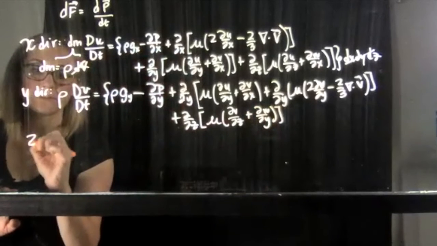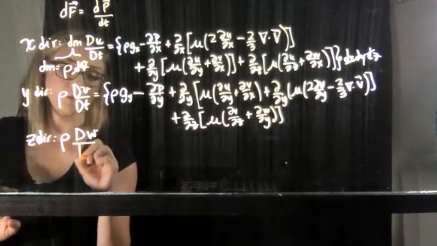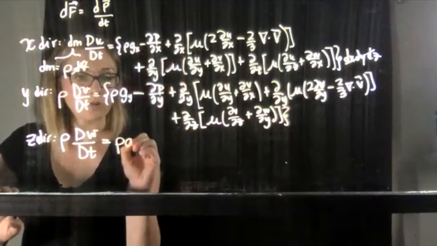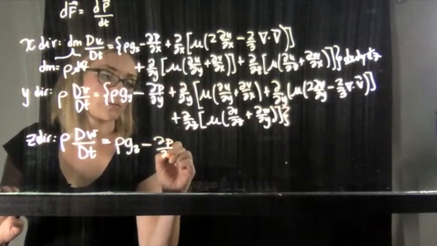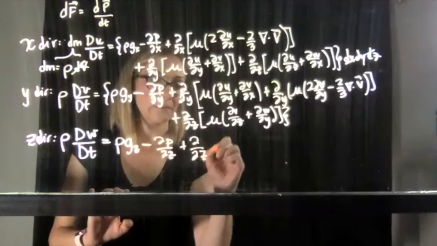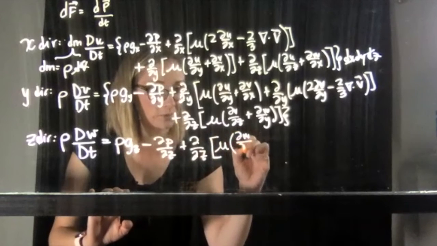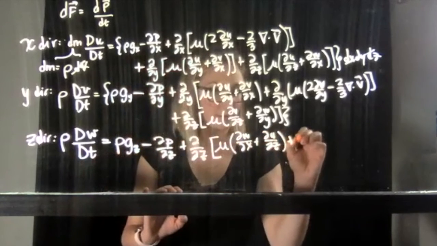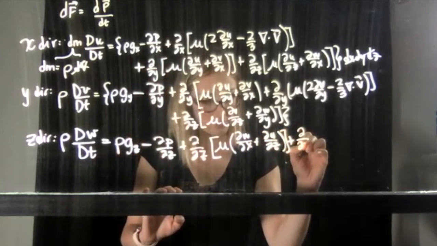And then finally in the z direction, we have rho times the material derivative of the w component of velocity is equal to rho gravity in the z direction minus the partial derivative of the pressure with respect to the z direction plus partial derivative with respect to z of viscosity times partial w partial x plus partial u partial z, plus partial y.